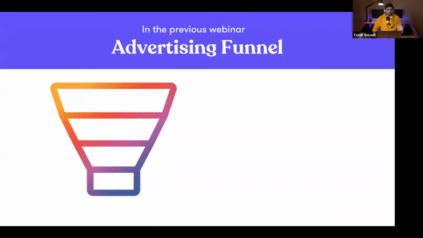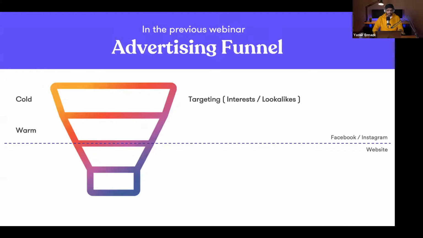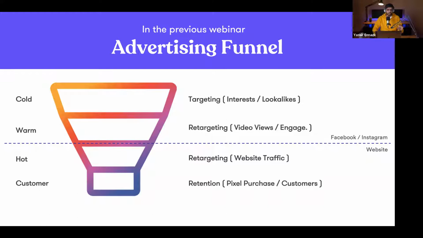And we talked about the advertising funnel, which was a huge part of the previous webinar, from top to bottom. At the top, the audience is still cold and people don't know you yet. So how do you take the cold audience and push it down the funnel in order to turn them into leads and customers?